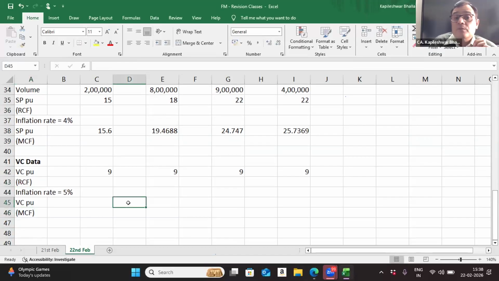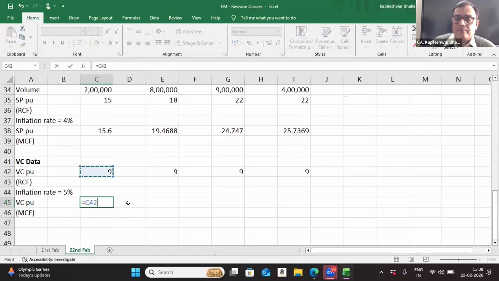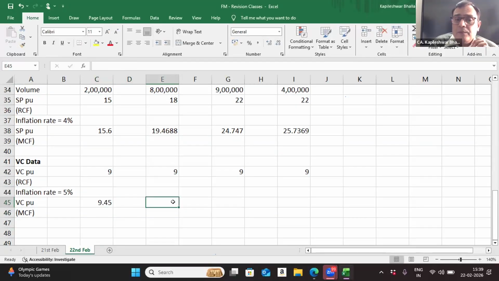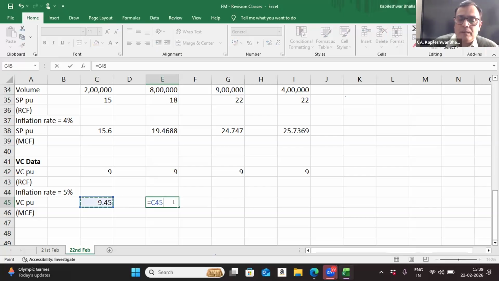Now it's going to be easy because the variable cost is common all throughout. So can I say we can take this 9 and compound this at 1.05 raised to power 1? Can I take this 9.45 itself and multiply it with 1.05? Can I take the first year figure and just compound it at 1.05? Yes, I can. So we'll take this figure and multiply it with 1.05, raised to power 1 only.